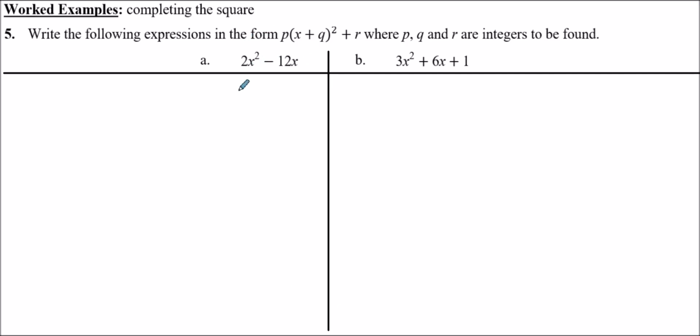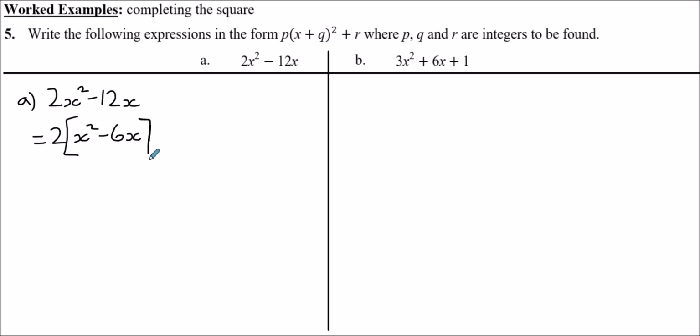Because when we complete the square we have brackets anyway, what I tend to do is include big square brackets, just to not get confused with the main completed square brackets. So first of all I'm going to take 2x squared minus 12x and factorise out this 2. So it's equal to 2 and big brackets like this, x squared minus 6x.